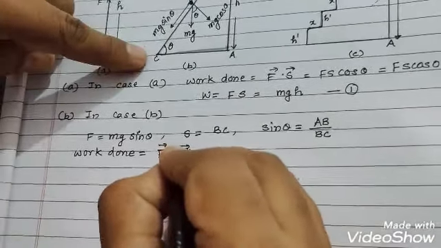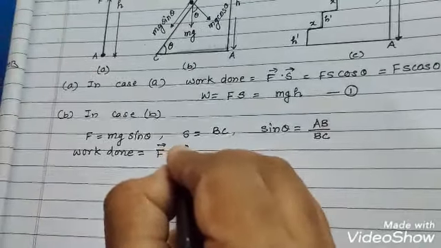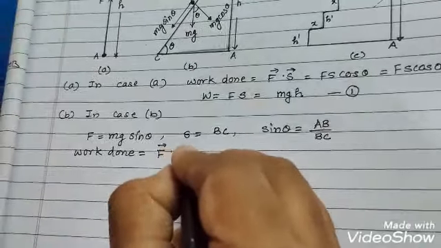Because we are moving towards CB, I am just writing it C to B. You will see the force is in the direction from C to B, and the displacement is also from C to B. So the angle theta, if we are taking the dot product, that is F CB cos theta, and theta is 0, so it is F CB cos 0, and since cos 0 is 1, it is F multiplied by CB.